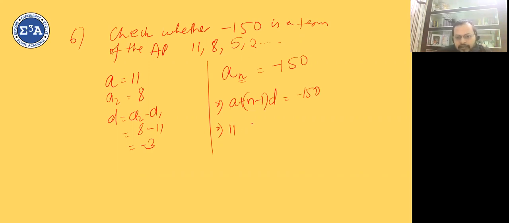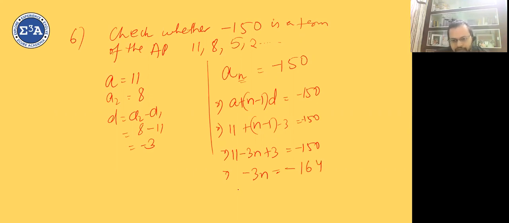A is 11 plus n minus 1, D is minus 3, equal to minus 150. 11 minus 3n plus 3 is equal to minus 150. 11 plus 3 is 14, so 14 comes to the other side and becomes minus 14, so minus 164. So n is equal to 164 by 3.